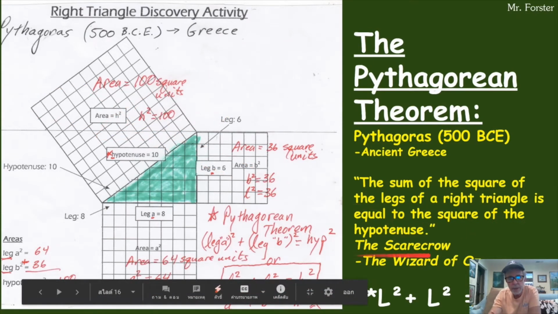And the Scarecrow said that in The Wizard of Oz. And so here is the Pythagorean theorem. Leg squared plus leg squared equals h squared. Sometimes they call these legs a and b and the hypotenuse c, but I like saying leg squared plus leg squared equals hypotenuse squared. A squared plus b squared equals c squared. You see that down here. A squared plus b squared equals c squared.